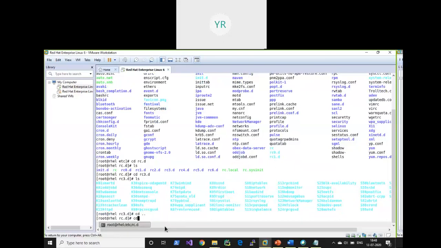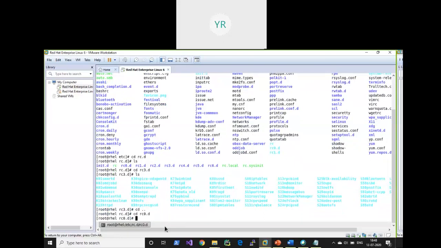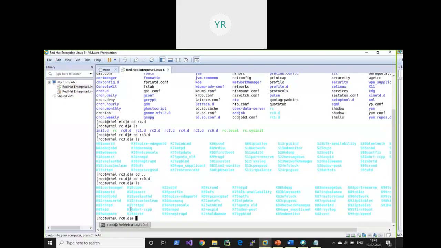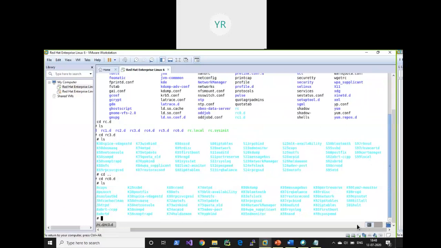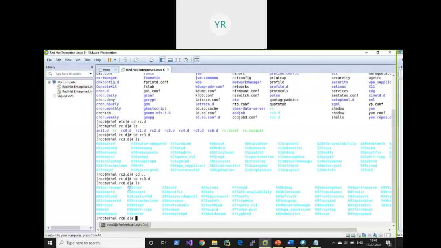Okay, go back. Suppose you go to rc0.d, ls. Look here, run level 0 is nothing but halt, which means you need to stop all the processes. So all of them start with K, you need to kill all the processes.